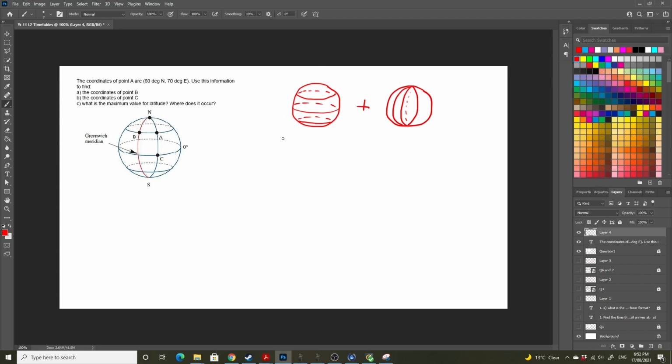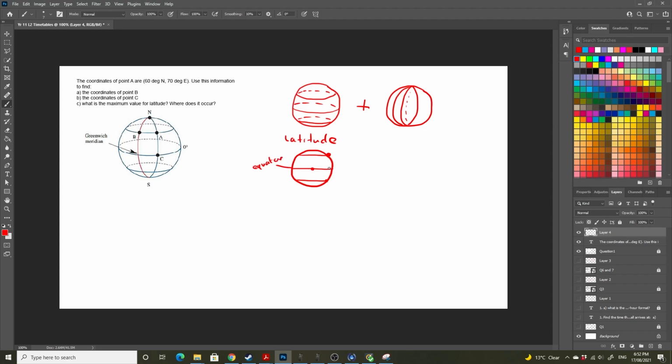So for latitude, what we have is a cross-section of the planet. It's cut into two pieces. We have the center of the Earth, some point along one of these parallels of latitude, and maybe another point along another parallel of latitude, and we have the equator, which runs right down the middle.